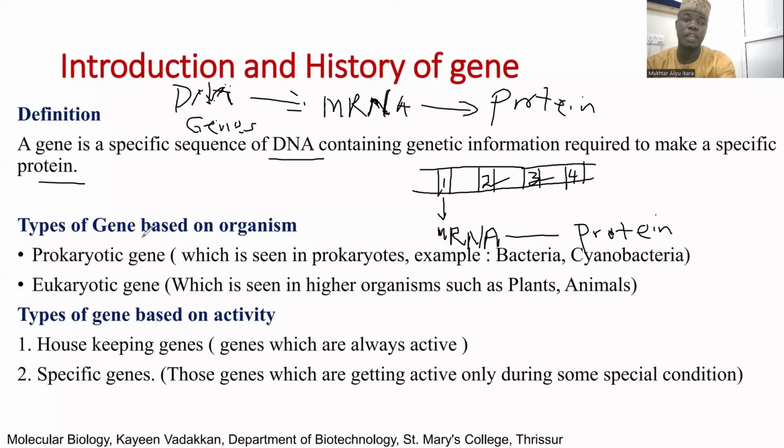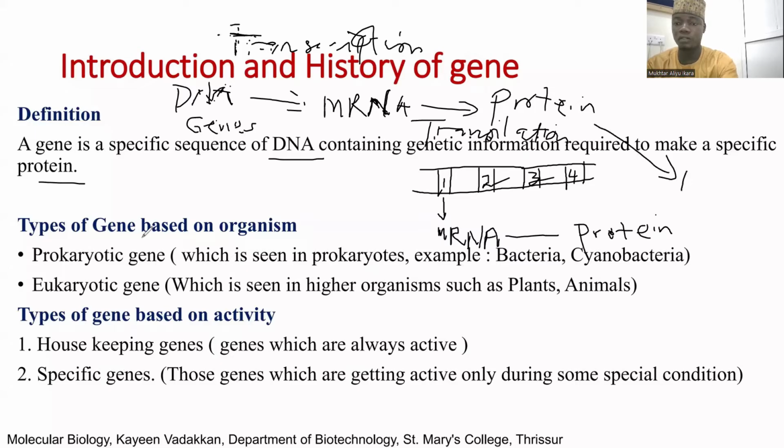So the process whereby DNA is converted into RNA is called transcription. And then when mRNA is converted or is translated into protein, the process is called translation. And then each of these proteins has a specific biological activity.